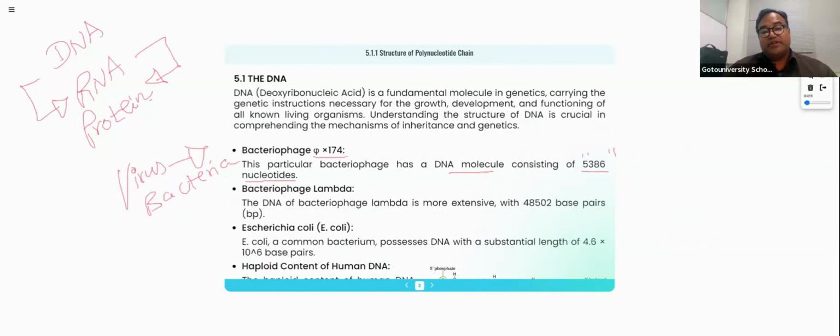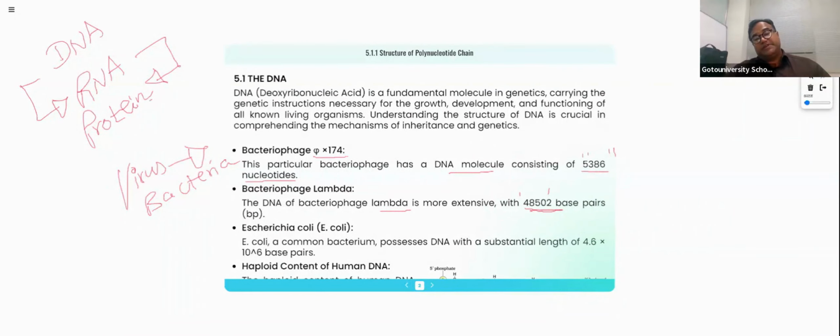Now, coming to the lambda bacteriophage, its DNA is more extensive, with 48,502 base pairs. So the lambda bacteriophage is having a specific DNA, which has this many nucleotides. The nucleotides have the base pair.